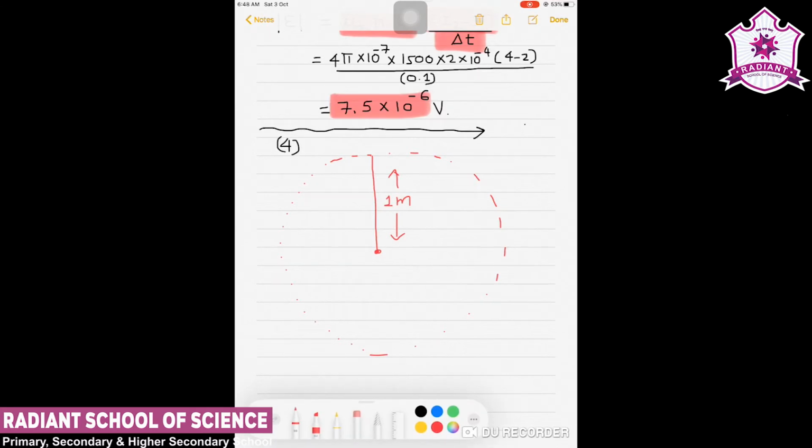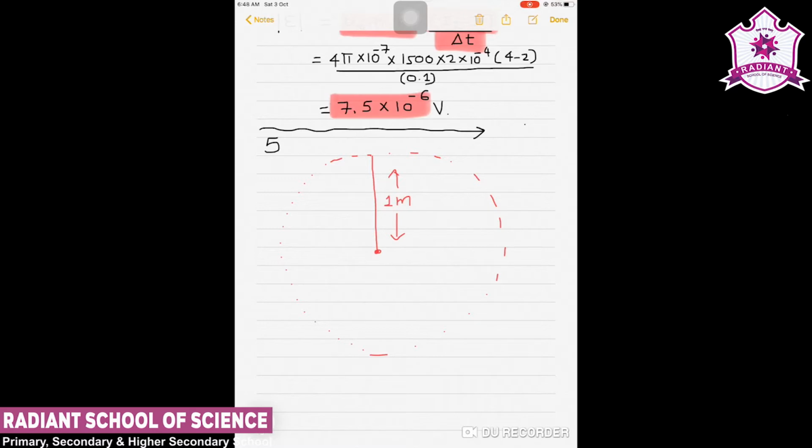Now from the question we are given that it has an angular frequency of 400 radian per second.